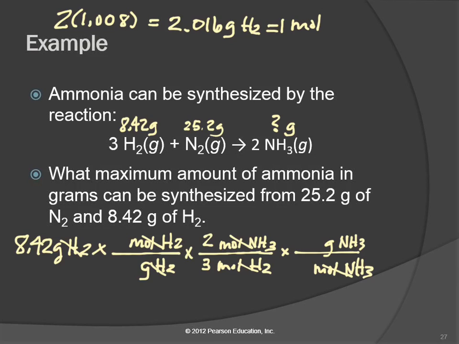I'm going to write all the units in here. You don't necessarily have to do that on your paper. 1 mole of hydrogen weighs 2.016 grams. And then over here, I need moles of ammonia to grams of ammonia. That's also a molar mass.